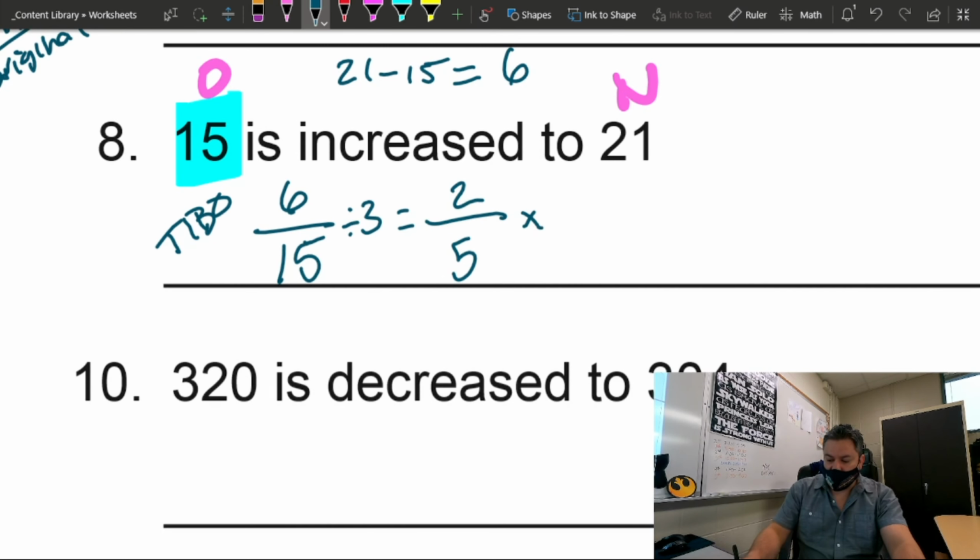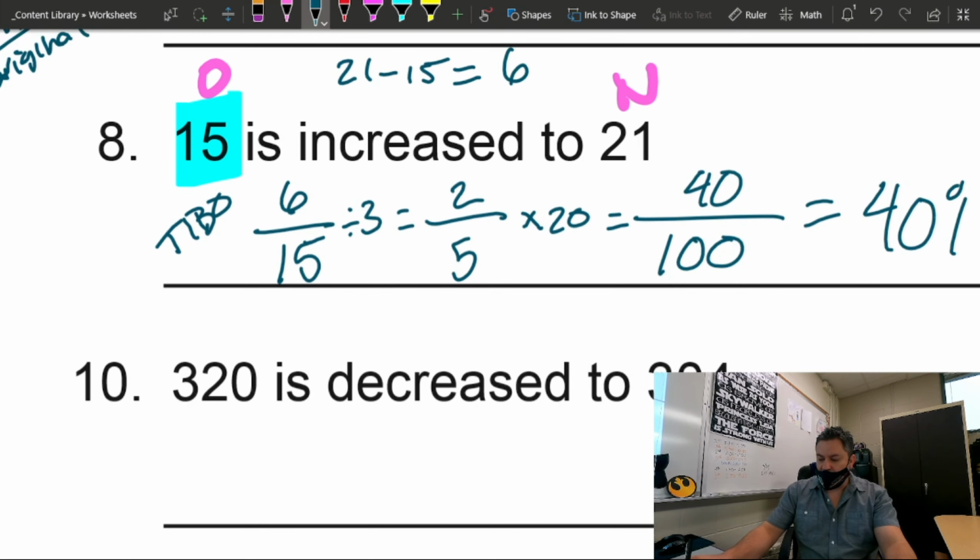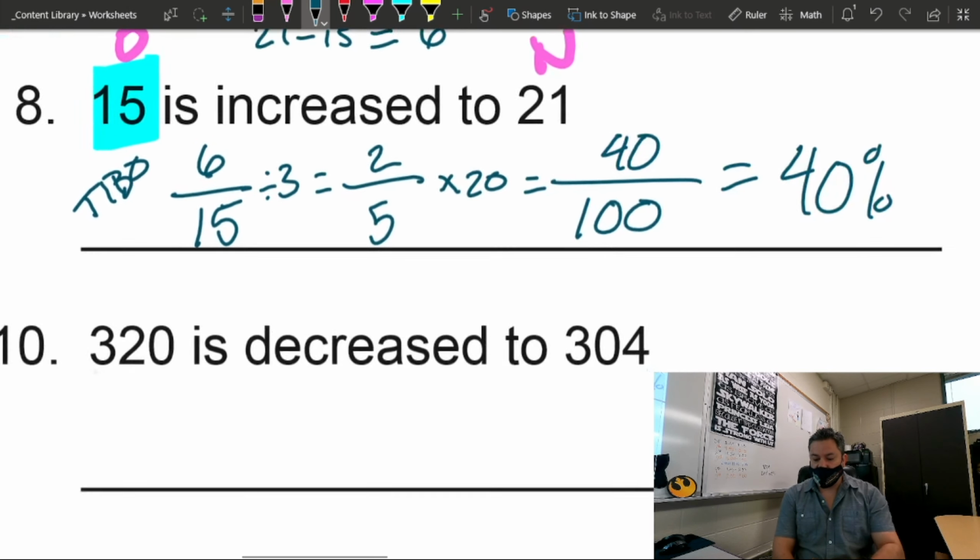Okay, so if we multiply the bottom and the top times 20, I get the denominator to be 100, which is exactly what I want, right? Now, if I change the bottom, I have to change the top and multiply by the same to keep it proportional. 2 times 20 is 40. 40 over 100, that's just literally 40%. That's it. That easy.